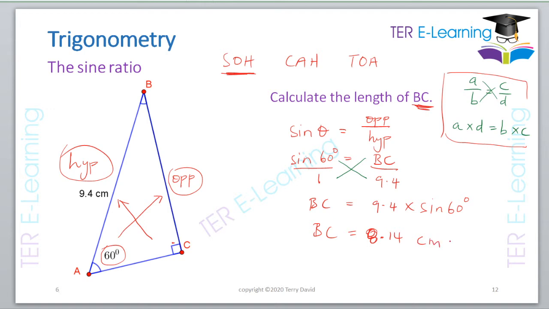So 8.14 is the answer. That is the length BC. So cross multiplication, you need to know how to do that.